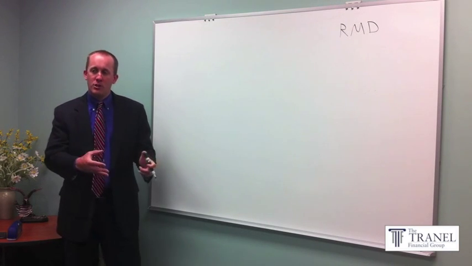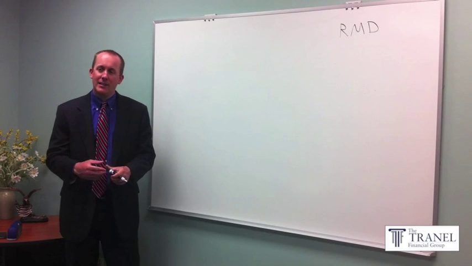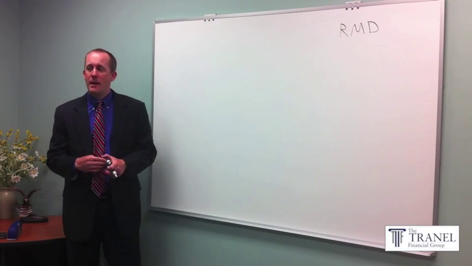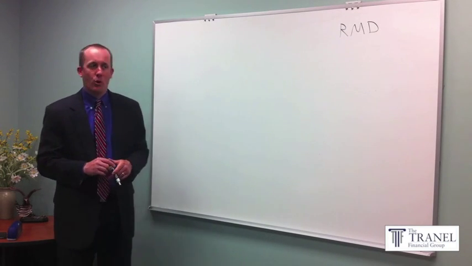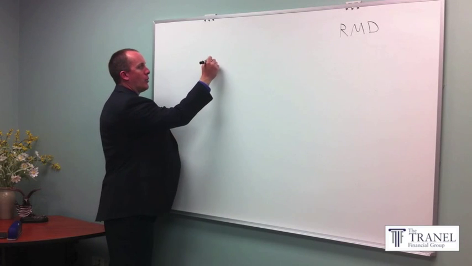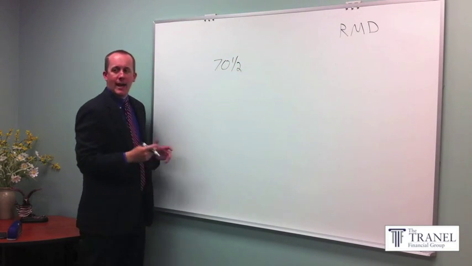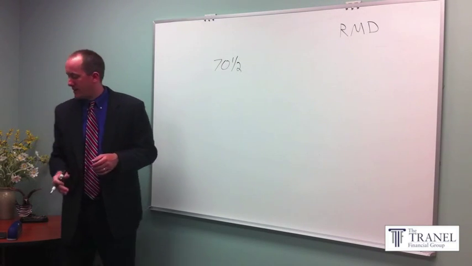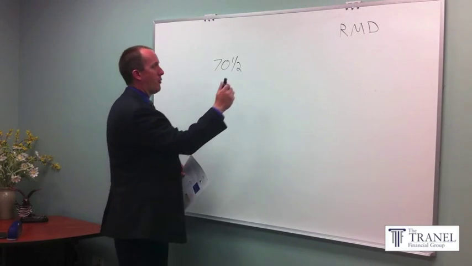If someone's forcing you to withdraw money, ideally you want to be able to earn at least that amount of money to keep your IRA balance intact. So in a nutshell, here's how this works. When you're 70 and a half years old, as of right now, and this changes every year, the IRS says your life expectancy is 27.4 years.